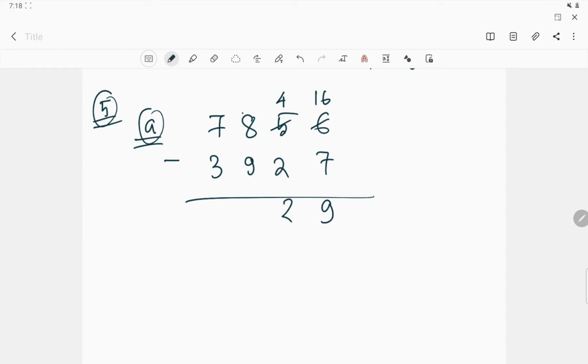and 4 minus 2 will be 2. In the hundreds place, the minuend is also less than the subtrahend, so you have to borrow 1000.